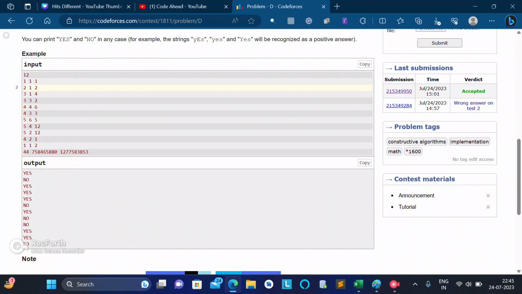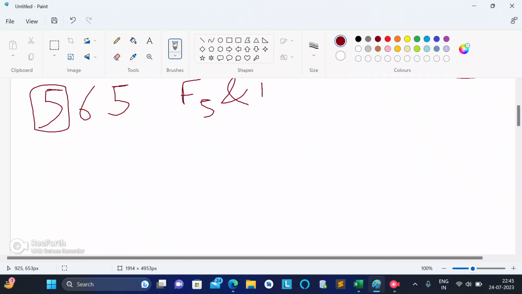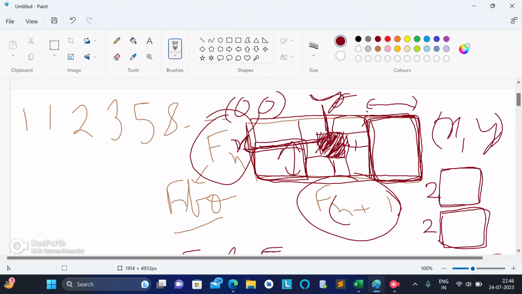Let's understand this with the help of an example. Let's take the example 5 6 5. What does 5 6 5 represent? It gives us f(5) and f(6), the fifth and sixth Fibonacci numbers, and we have to make a rectangle using them. The Fibonacci numbers are 1, 1, 2, 3, 5, 8, 13, and so on.